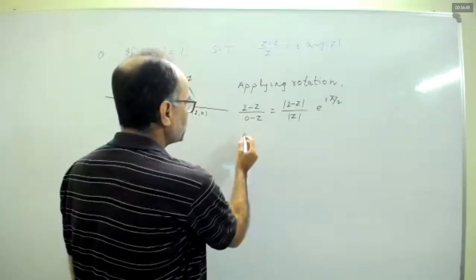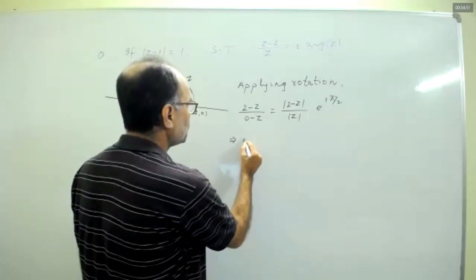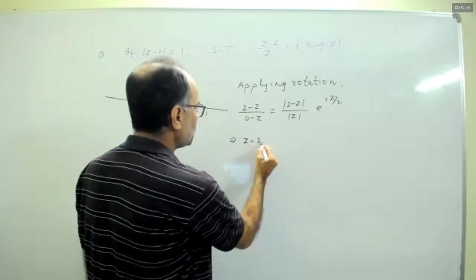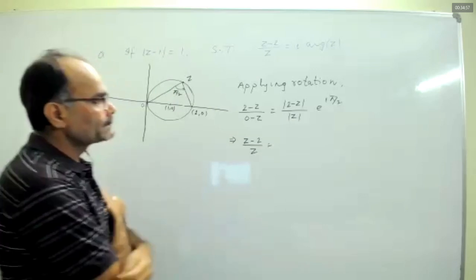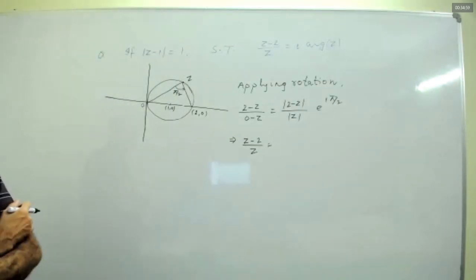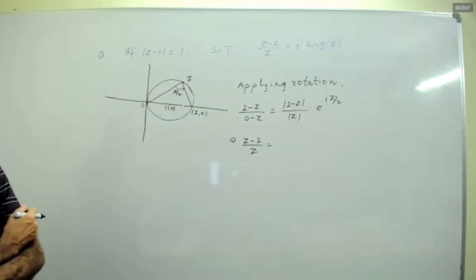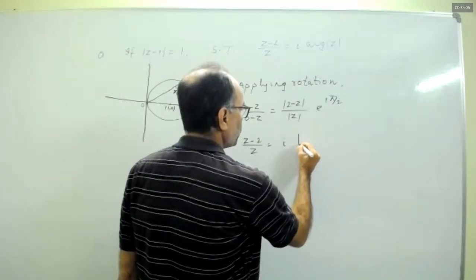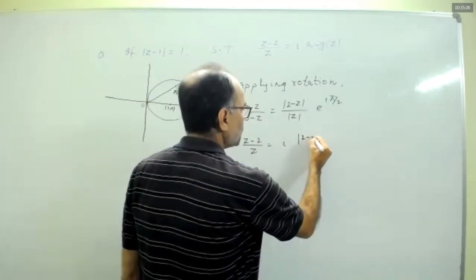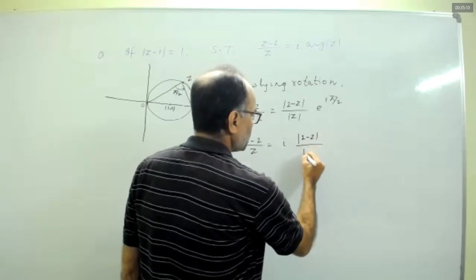So z minus 2 by z: e to the power i pi by 2 is i. Now i times mod of 2 minus z by mod of z.